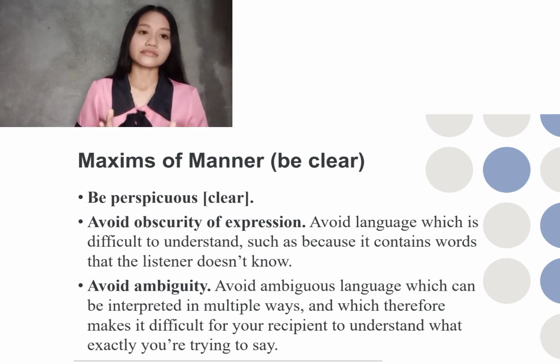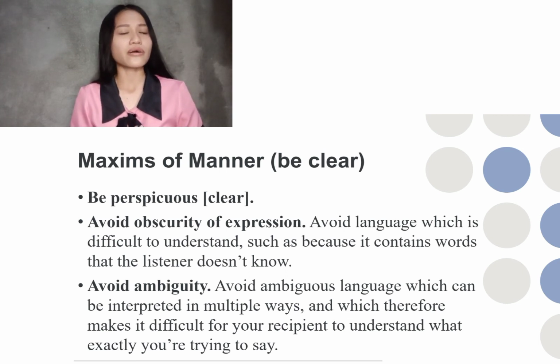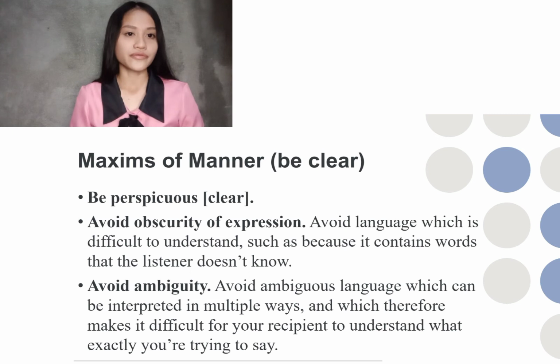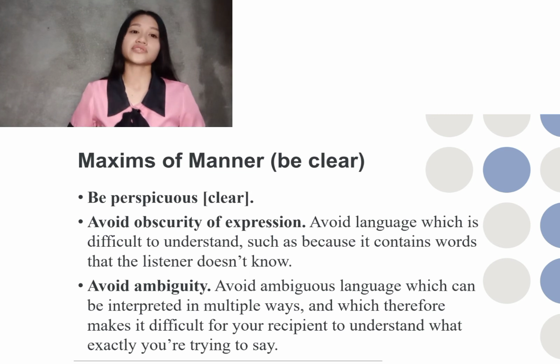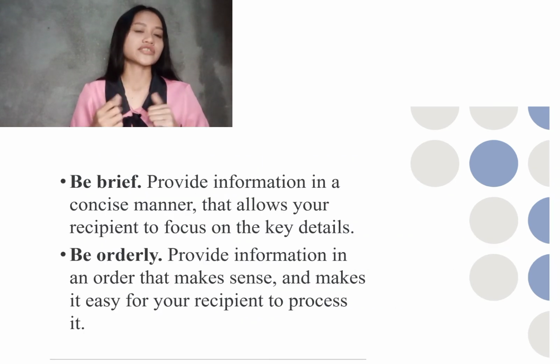And then avoid ambiguity. Avoid ambiguous language which can be interpreted in multiple ways and which therefore makes it difficult for your recipient to understand exactly what you're trying to say. And then be brief. Provide information in a concise manner that allows your recipient to focus on the key data.